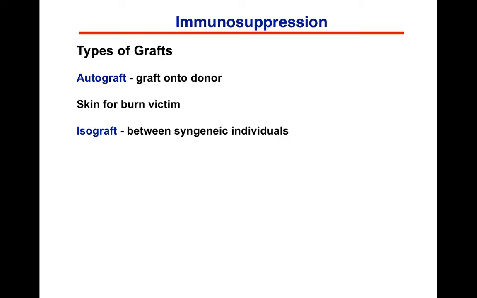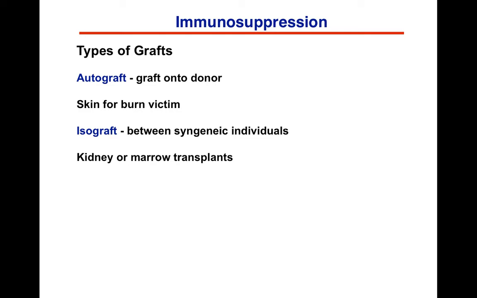Second type are called isografts, and they're between syngeneic individuals, closely genetically similar individuals. These are grafts in which the person is genetically very similar, and these might be from a parent to a son or daughter, or it may be a daughter or son.